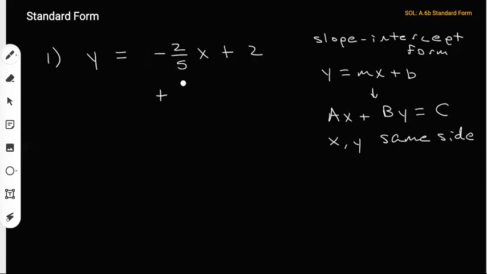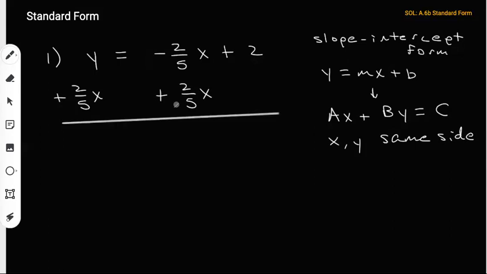I'm going to add 2/5 x to both sides. What that does is cancel out the x's on this side, leaving me with just a 2. And then on the left side, I'm going to have 2/5 x plus y. So now I want to make sure that the numbers in front of the variables are whole numbers.